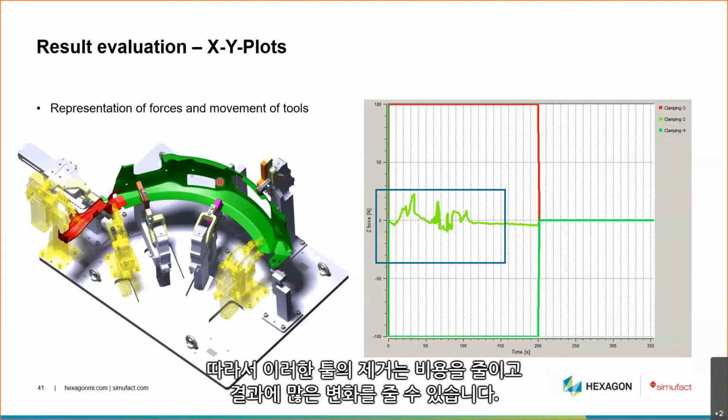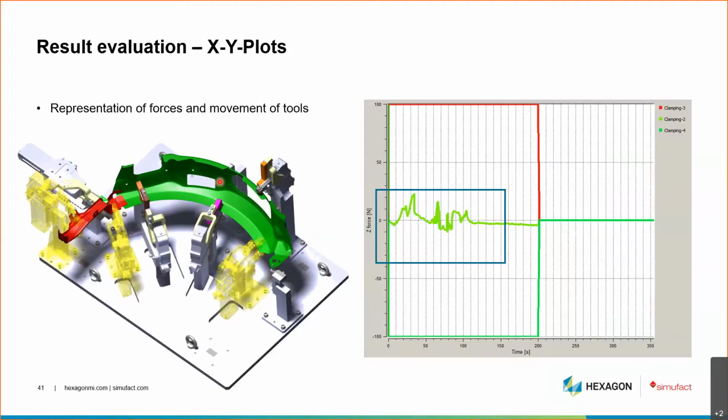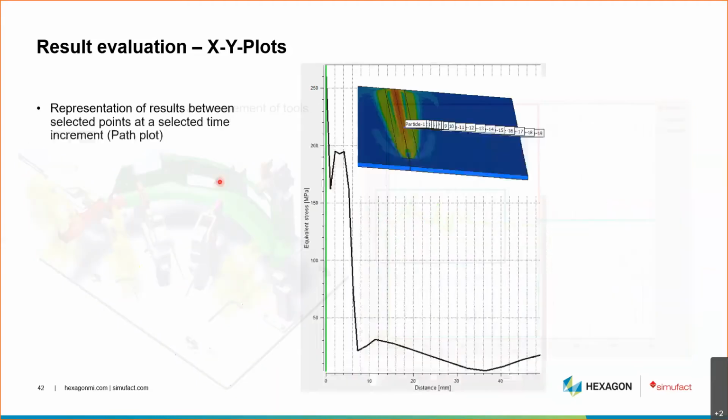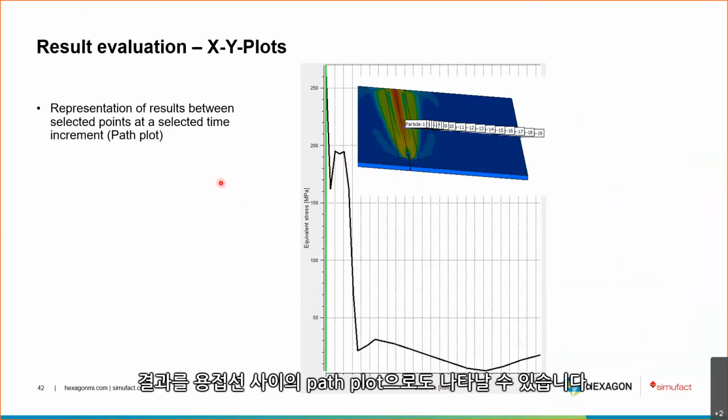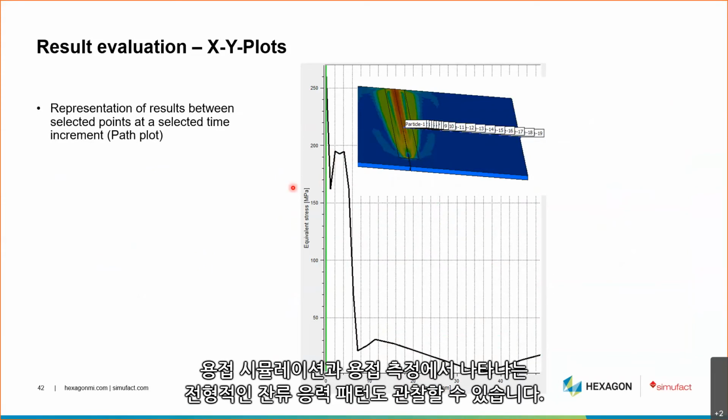So this makes the fixture cheaper without many changes in the results. The results can also be represented as a plot, a curve between lines. So it is also possible to see this typical residual stress pattern we usually see in welding simulations and welding measurements.